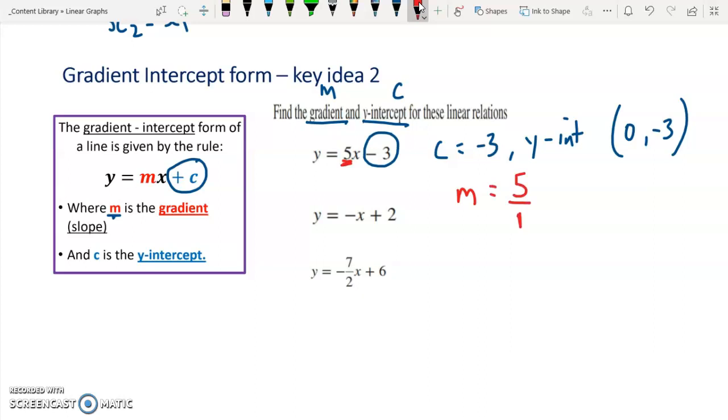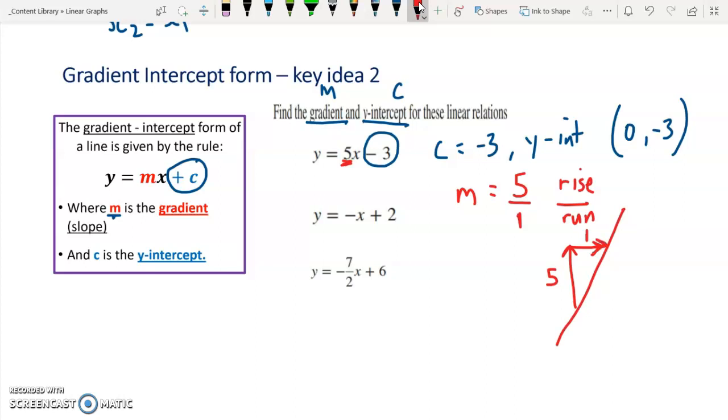Referring back to our rise over run, what this means is it has a rise of 5 and a run of 1, moving left to right just like slope did. So therefore, the shape of the line is going to head in this general direction, 5 up and 1 across.